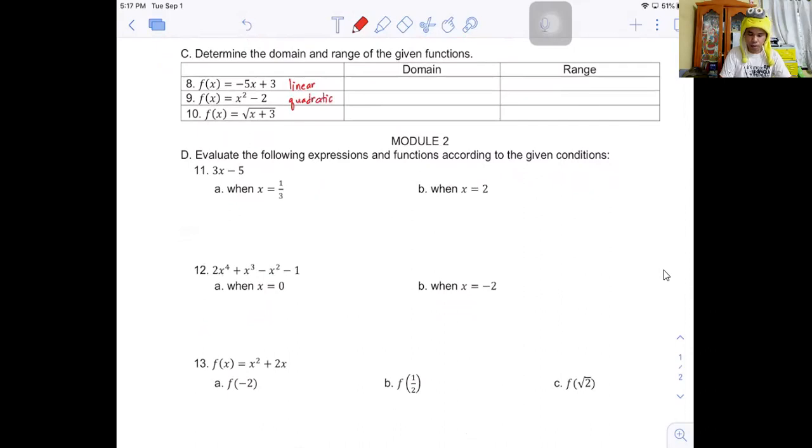And for number 10, this is radical. I hope you read the table that appears in the module regarding the domain and range of the different functions so that you can understand it. So for number 8, this is very easy because the answer is all real numbers.